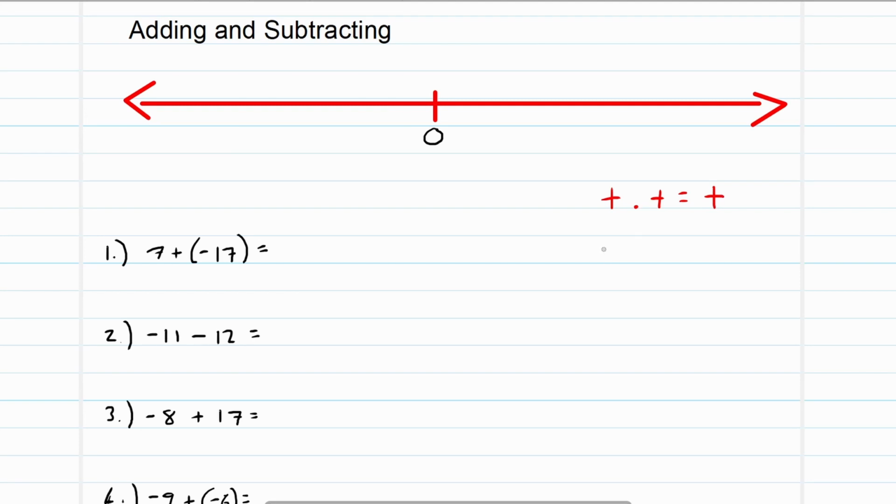Second, a minus times a plus is equal to a negative. Thirdly, a positive, like a plus, times a negative is equal to a negative. And lastly, a negative times a negative is equal to a positive.